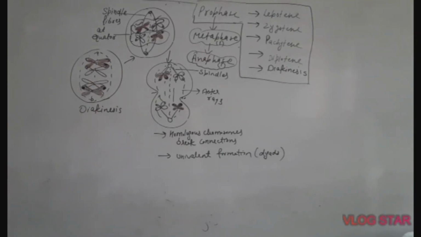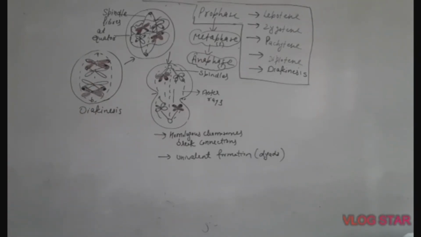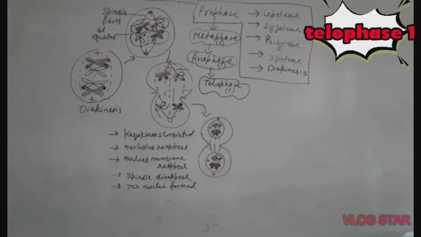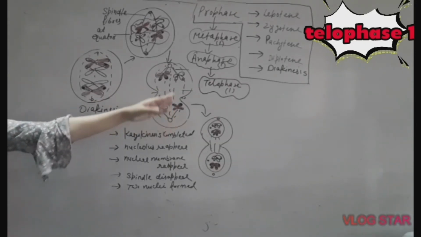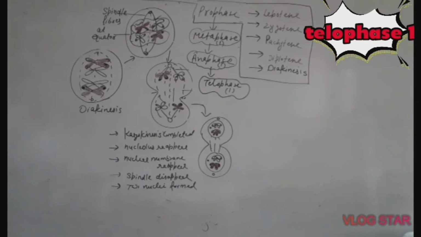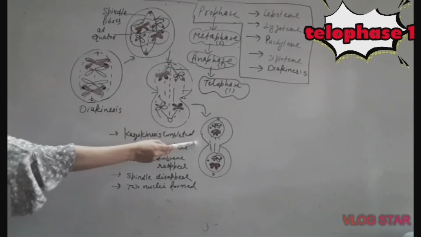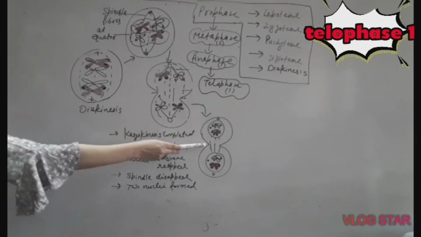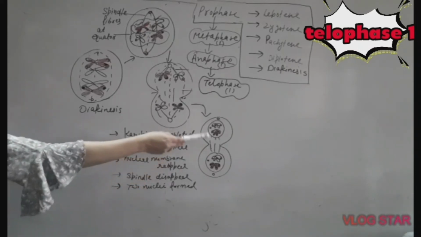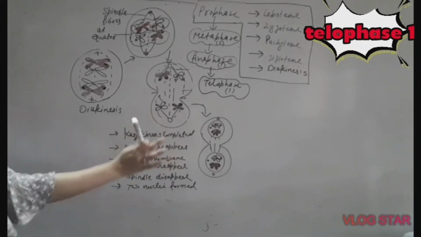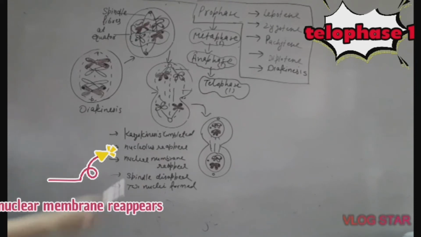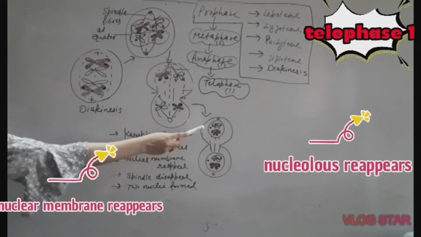From anaphase the cell finally enters into the last phase of meiosis 1, that is telophase 1. What changes are observed in the cell in telophase 1? That is further constriction of the cytoplasm, and spindle fibers, you can see, disappear. The biggest change observed is that karyokinesis gets completed here.